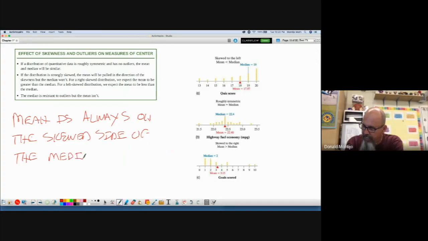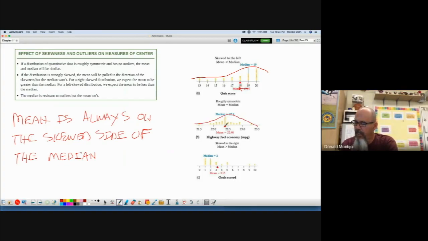The mean is always on the skewed side of the median. So if we look at example A, the median is at 19. But since this data set is clearly left skewed, I know the mean will be to the skewed side of the median. In dot plot B, the data is symmetrical.